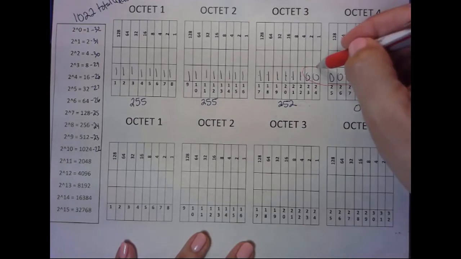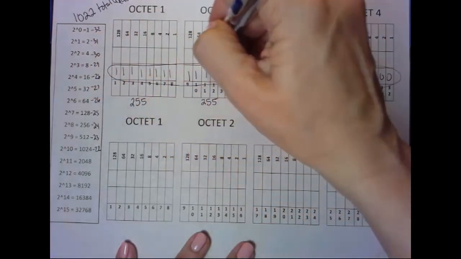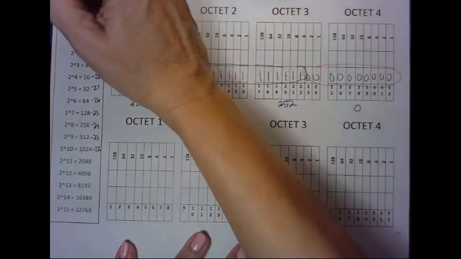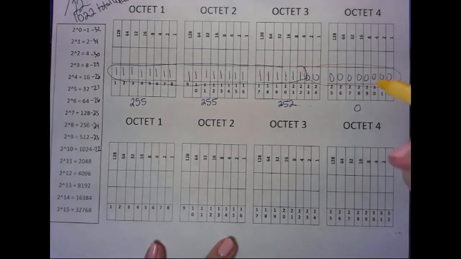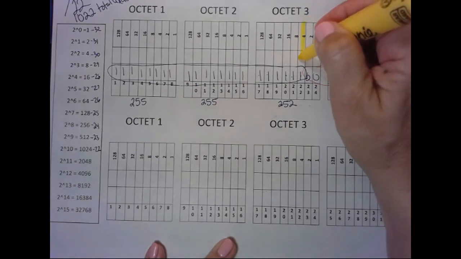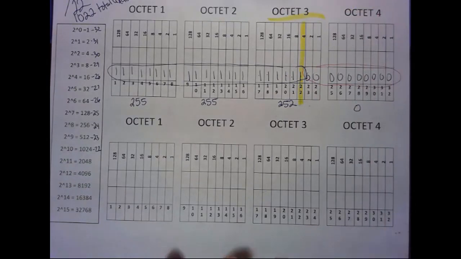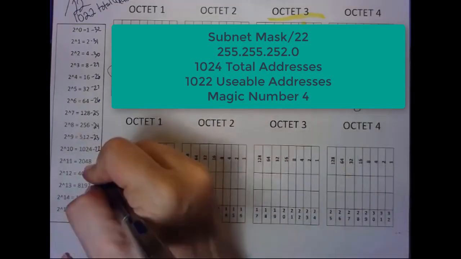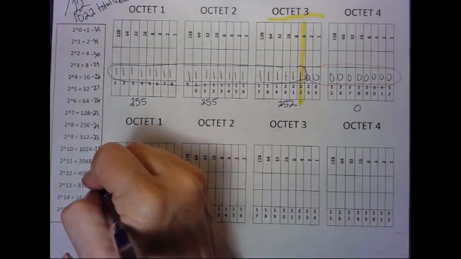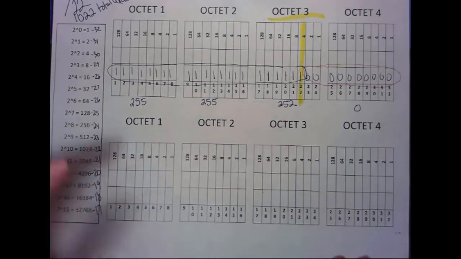Here are my hosts. Here are my networks. I've got a /22. And what's my subnetwork increment or my magic number? It's right here. It's a 4 in octet 3. So you see why I love this chart.